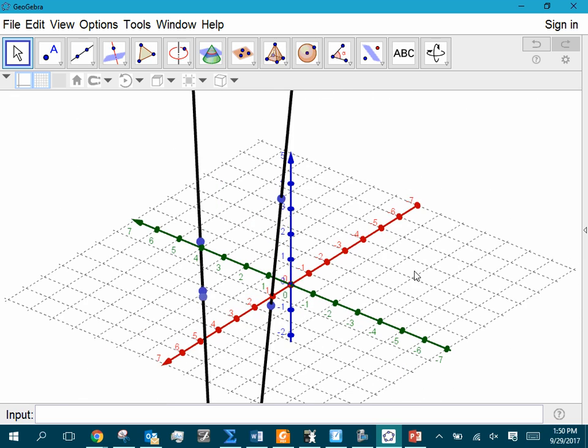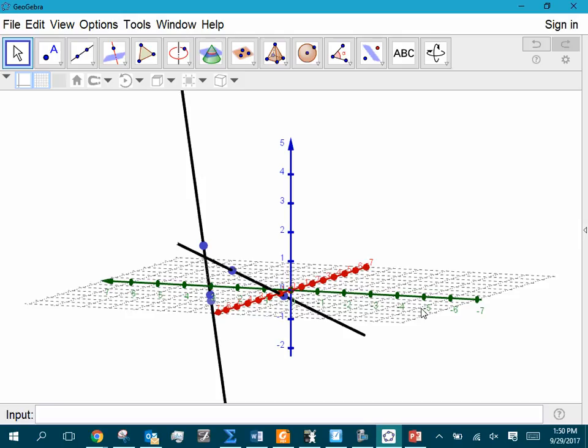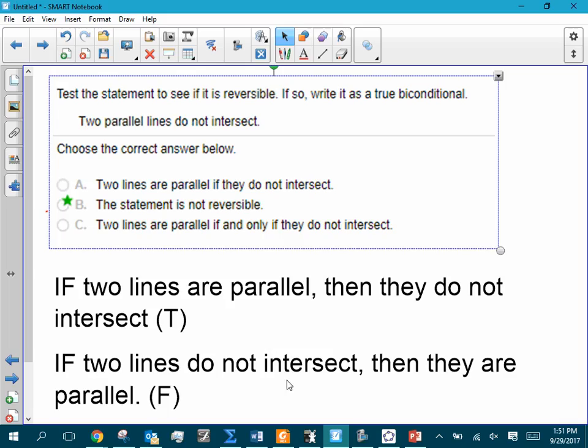Does that make sense? Does anybody remember what those are called? We talked about it like the first week of school. Skew. Those are skew. Good. Okay. So we've got skew lines here, which we do not call parallel. So the statement, if two lines do not intersect, then they are parallel, is false. Because if they do not intersect, the one counterexample is what happens if they're skew. Does that make sense? Okay.